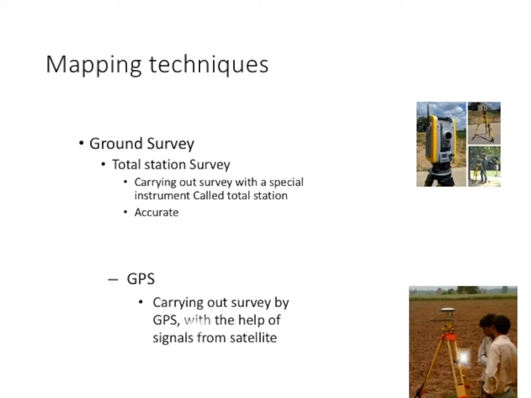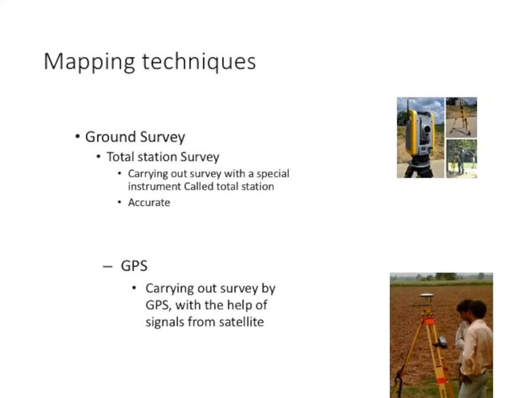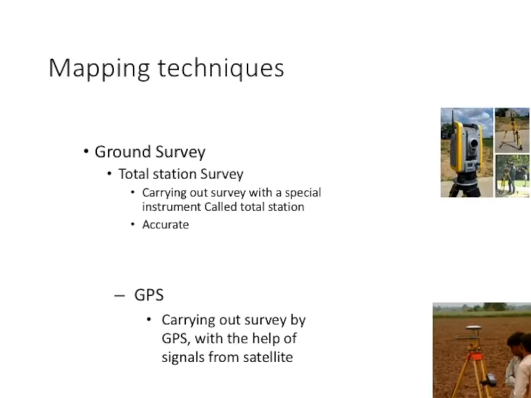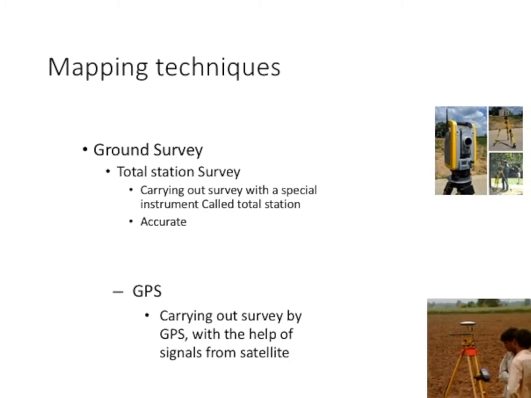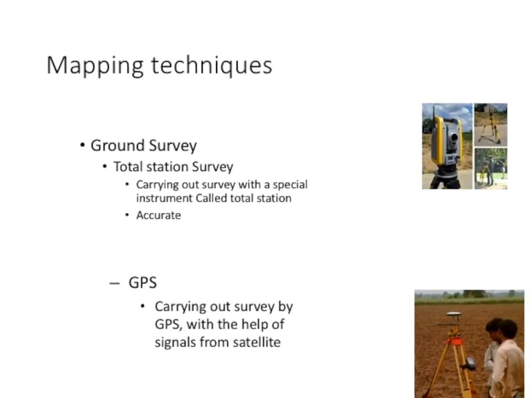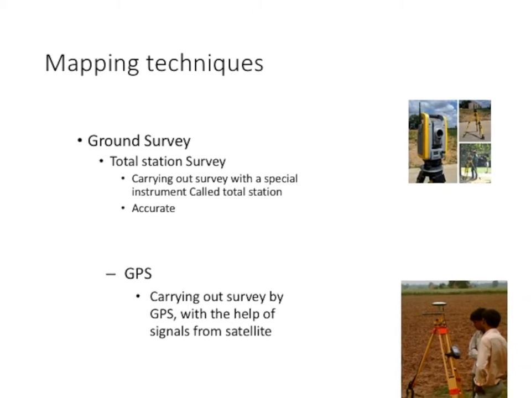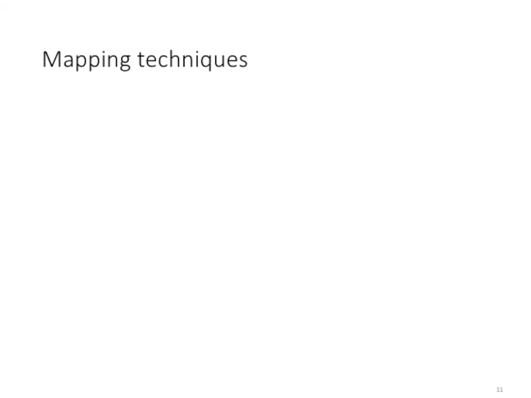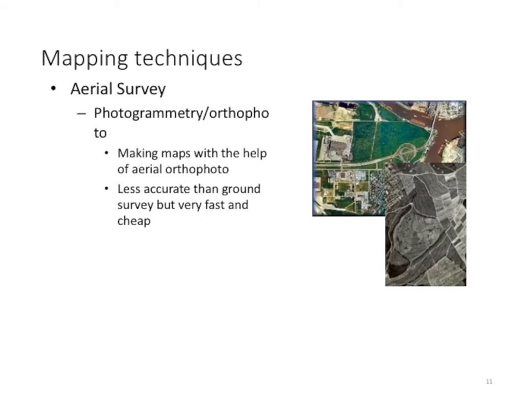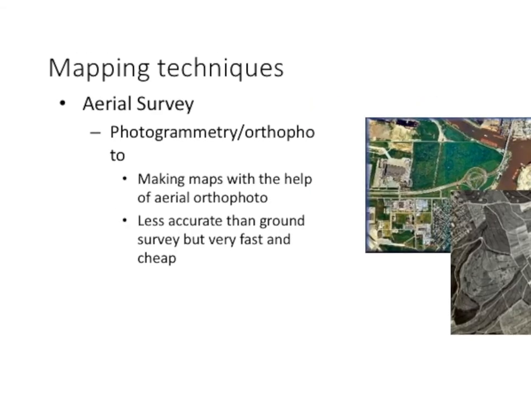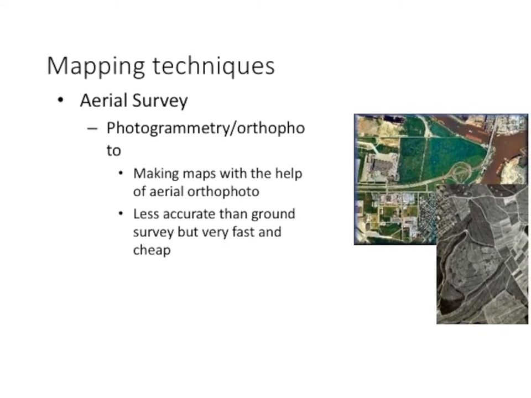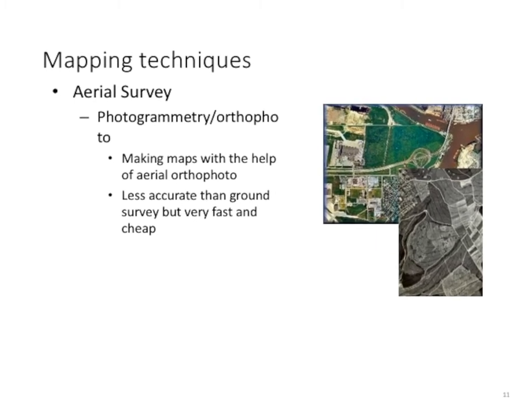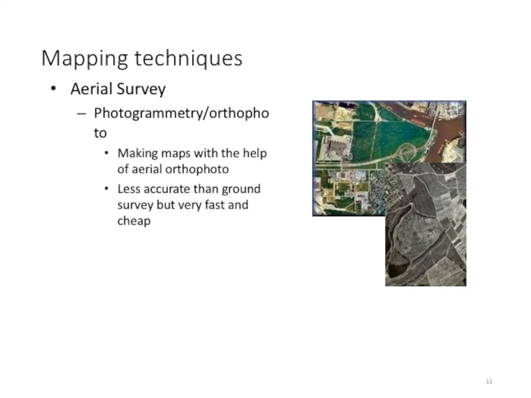Another system we can use is DGPS, real-time kinematics, RTK, digital global positioning system with the help of satellites, to carry out survey or even to establish a control point, a fourth order control point. This technique can be used. Also the aerial survey, photogrammetric method and orthophoto can be used, and several pilot projects have been done but not completely implemented.